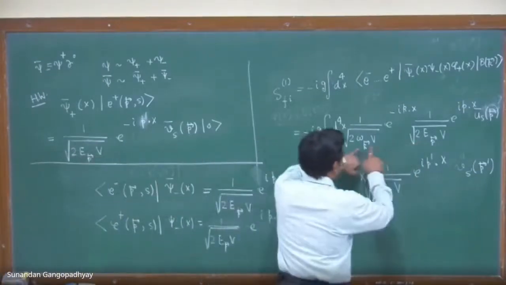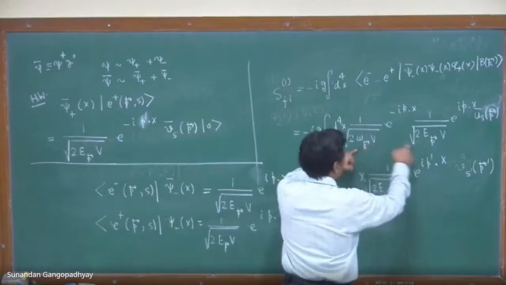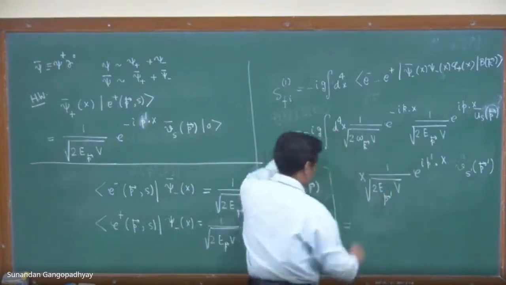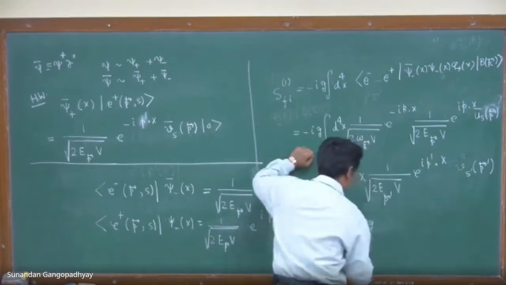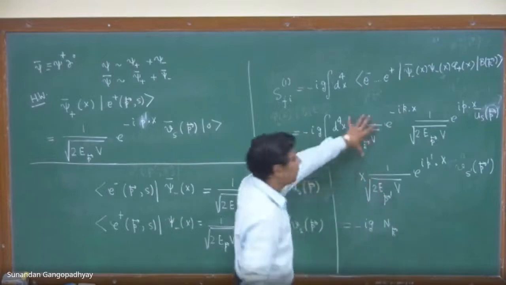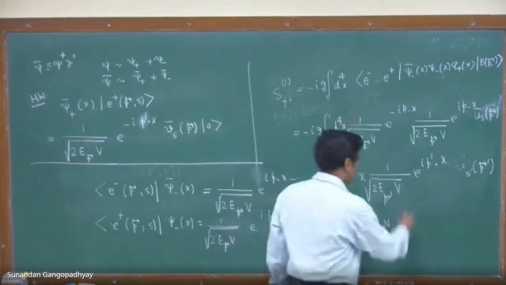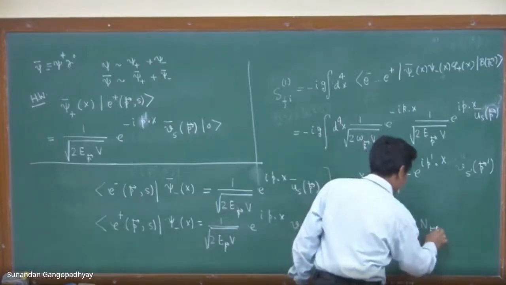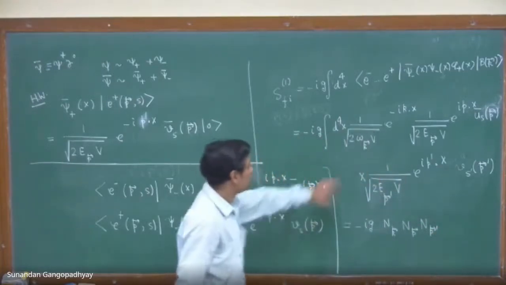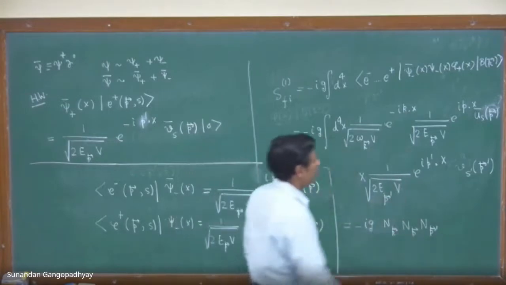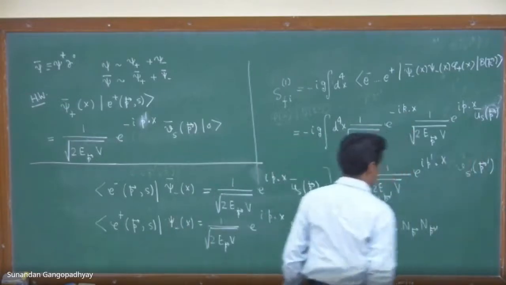All these factors, these 1 by root 2 omega factors, you can take outside the integration over d4x. So basically, I should write this down as N_k, right? So these are the factors that I denote as N's, and these are also some functions of momentum.